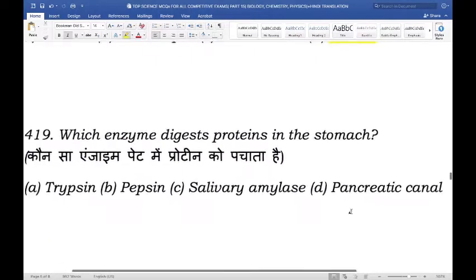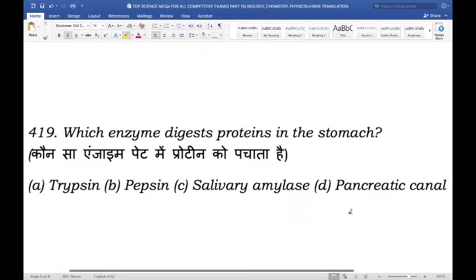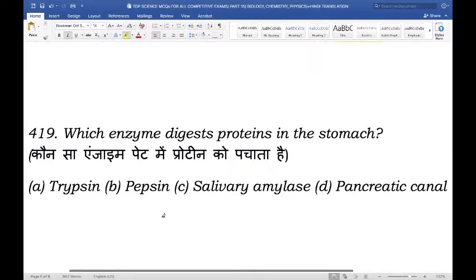Next, which enzyme digests proteins in the stomach? So is it trypsin, pepsin, salivary amylase, or pancreatic canal? So let's follow the process of elimination again. Salivary amylase is found in the saliva, so this is not related to the stomach. And likewise, pancreatic canal refers to the pancreas.